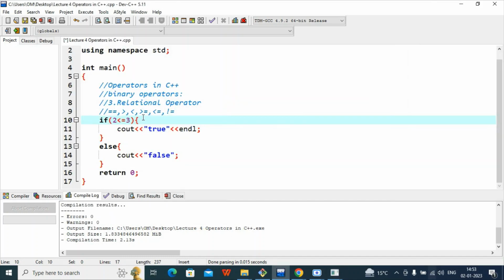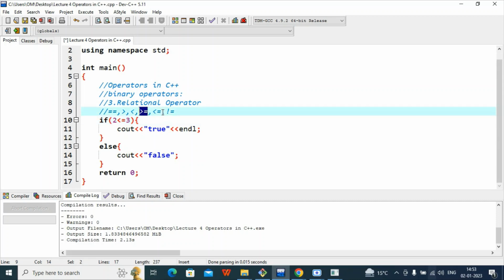See very carefully. In less than equal to, one condition was true because 2 was less than 3. Although 2 is not equal to 3, 2 is less than 3. This operator is itself a combination of two operators, less than as well as equal to.